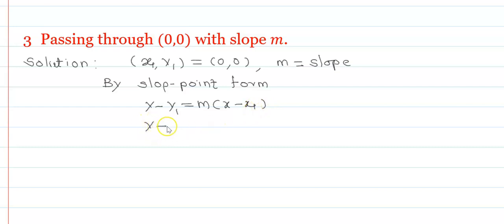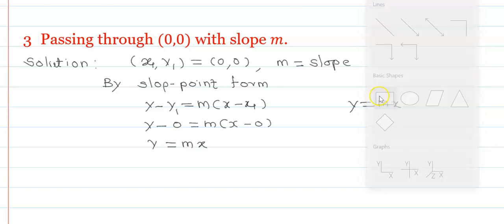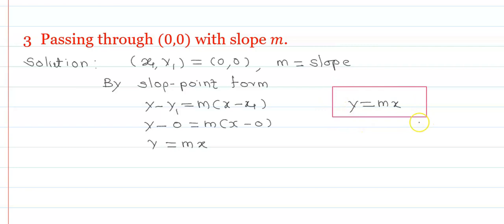Substitute the values. y minus 0 equals m(x minus 0), and this is nothing but y equals mx, and therefore the required equation is y equals mx. Okay, this is the answer.